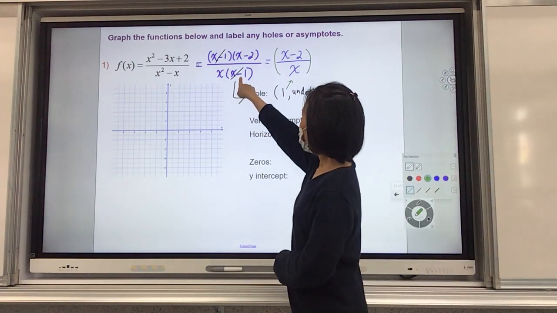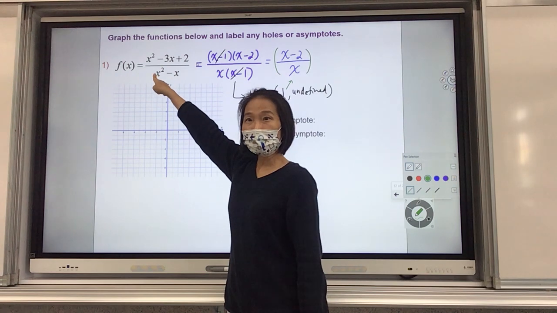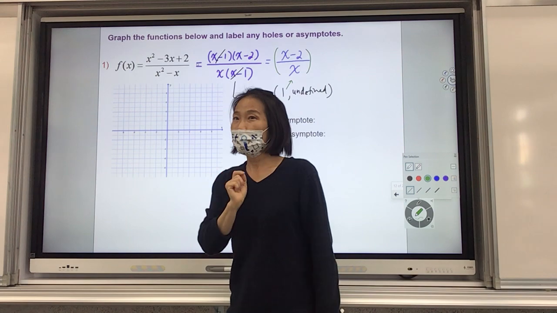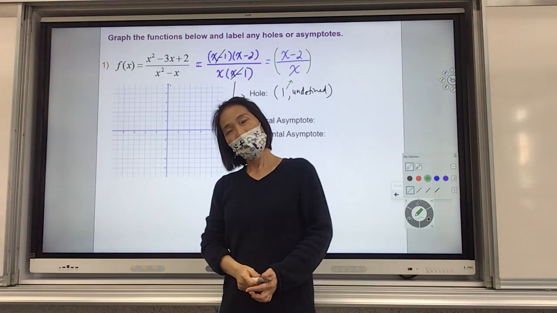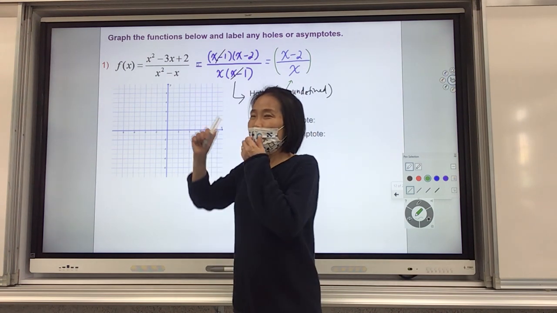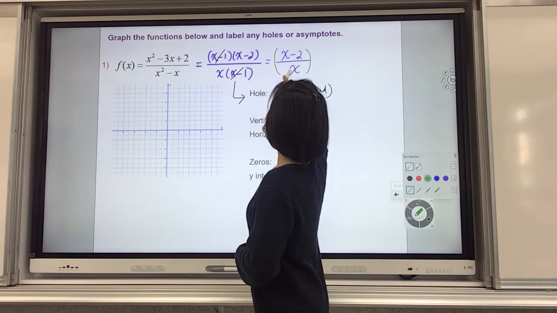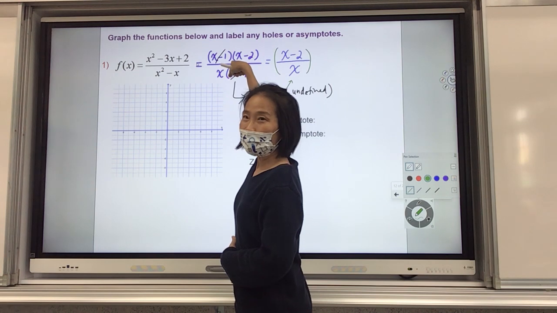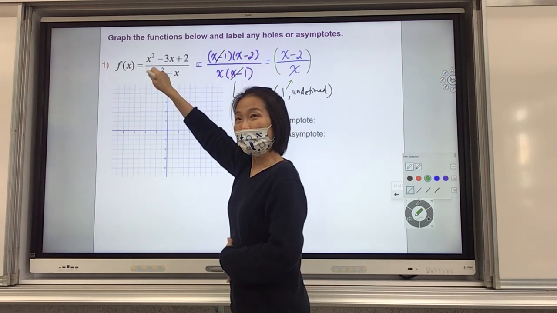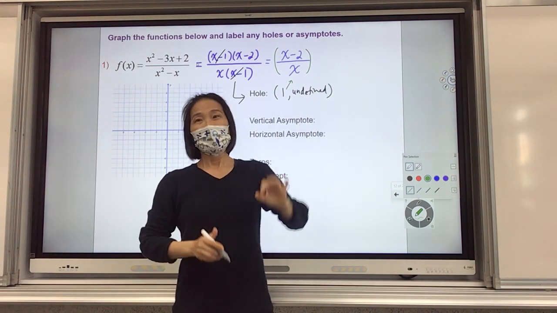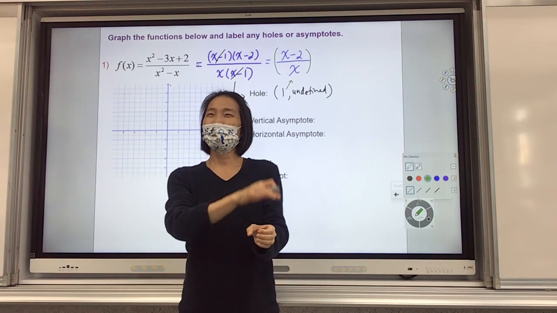Because when you substitute 1 into the function, 1 square minus 1 is 0, so that's undefined, right? Oh wait, so when you find the hole, you can't plug it back into the simplified equation? You can only substitute into the simplified because I already canceled that, so it will not become 0. The purpose of substituting into the simplified version is to find the location of that undefined point.